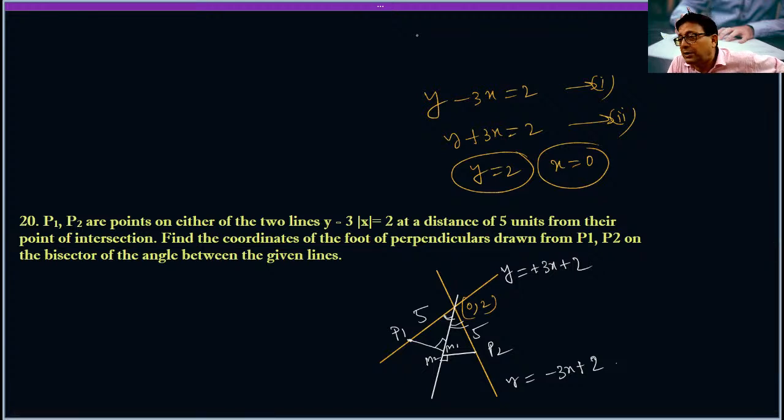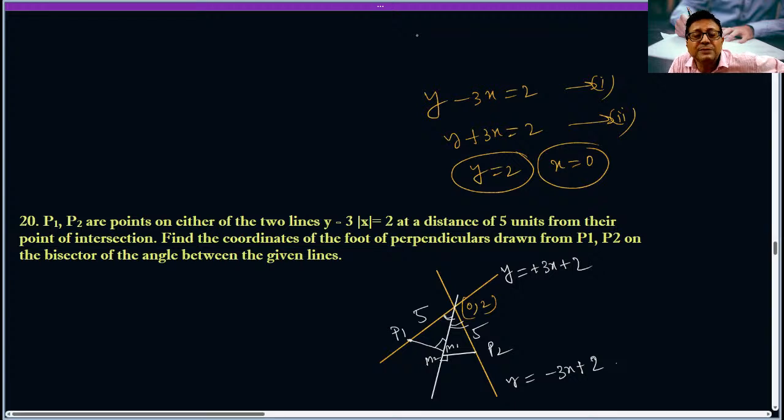P1 is a point on it. Distance from here is 5, they have given. Distance 5 is not given.